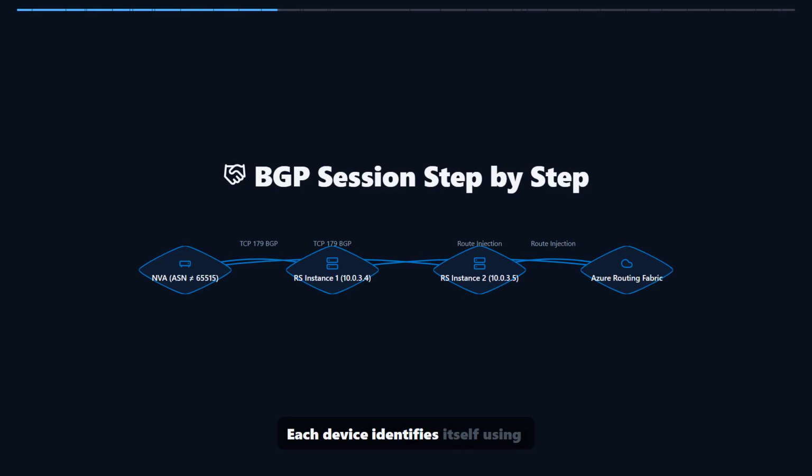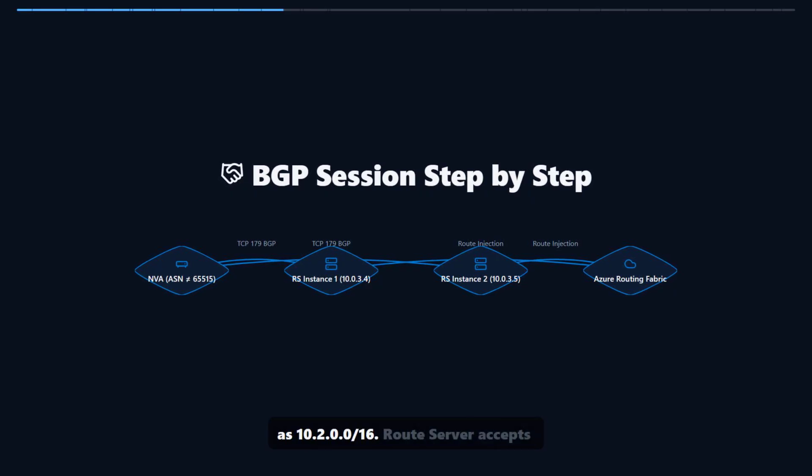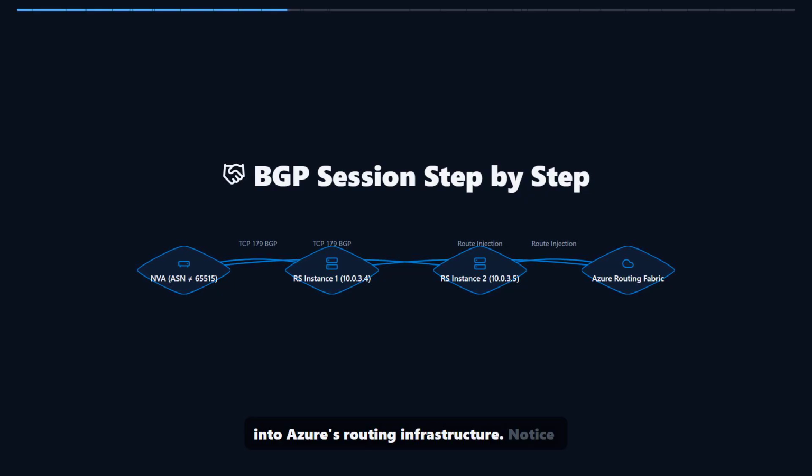Each device identifies itself using an autonomous system number, or ASN. The NVA advertises the prefixes it can reach, such as 10.2.0.0/16. Route Server accepts those advertisements and programs them into Azure's routing infrastructure.